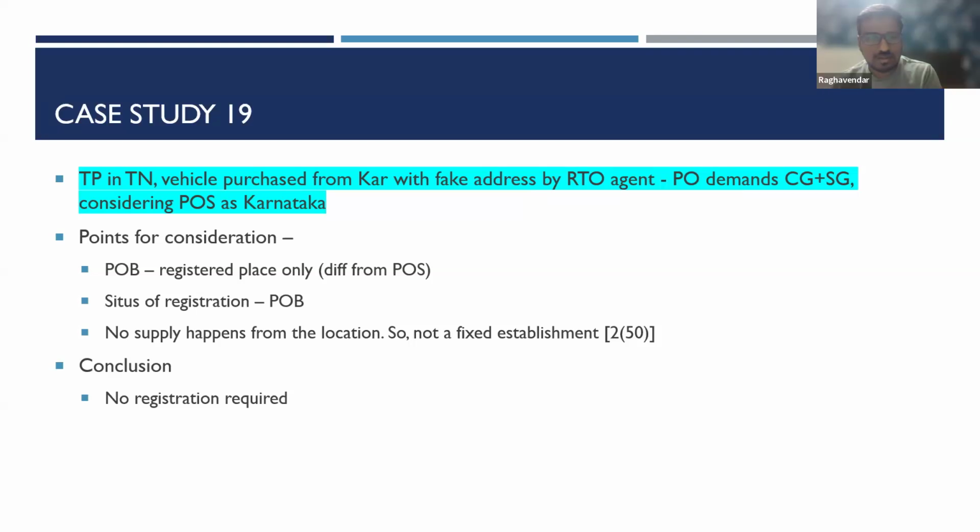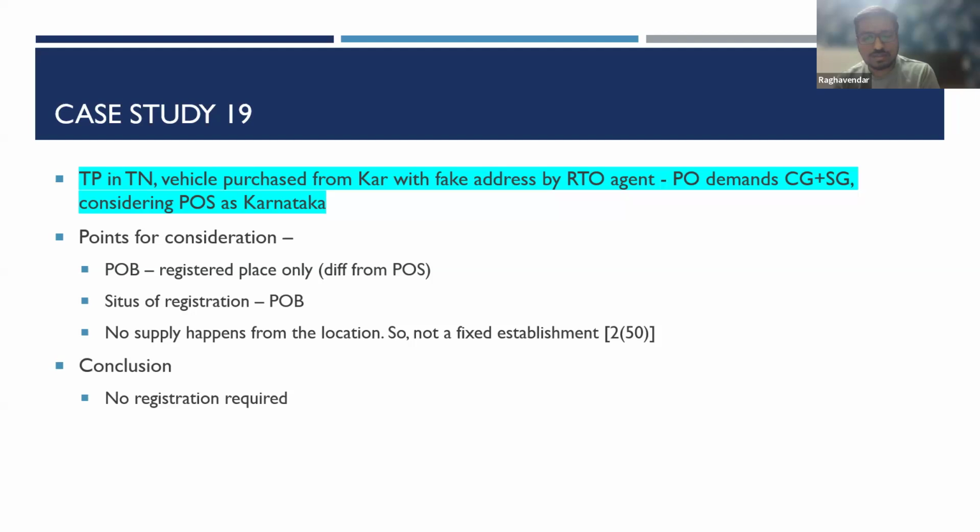And another similar practical case: a transport operator registered in a location in Tamil Nadu goes ahead and purchases vehicles from Karnataka, and the local agent in Karnataka has given a fake address of his own for the purpose of RTO registration.